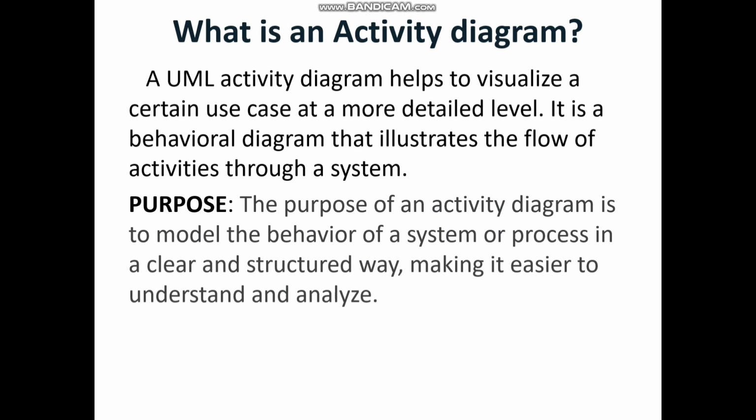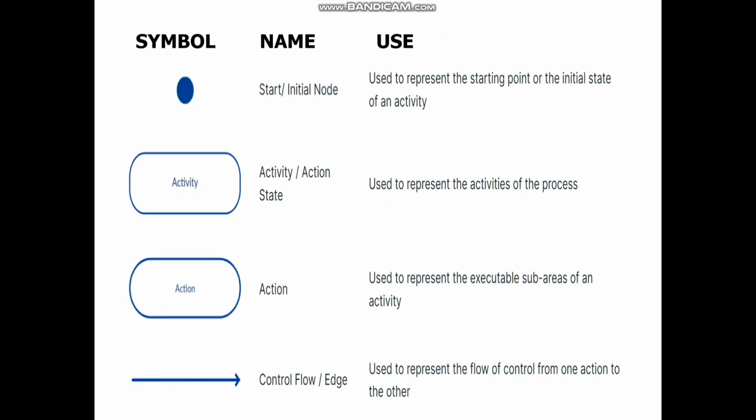Now let's have a look at activity diagram symbols. This symbol is initial node, which is used to represent the starting or initial state of an activity. Then this round rectangle represents a specific action or task within a system. It describes operation to be performed or behavior to be executed.